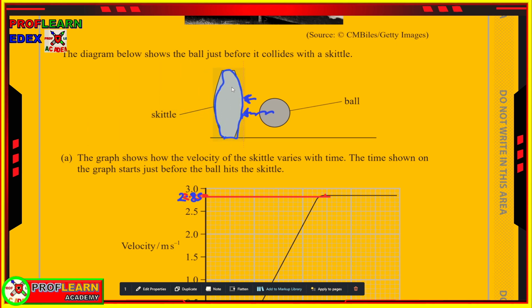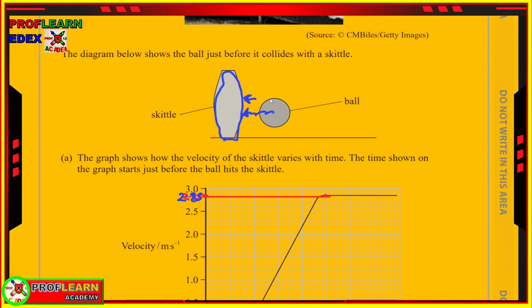But since the ball has exerted a force on the skitter, the skitter also will exert a force of equal magnitude but in opposite direction. So that force acting in this direction will make this ball decelerate, according to Newton's second law.